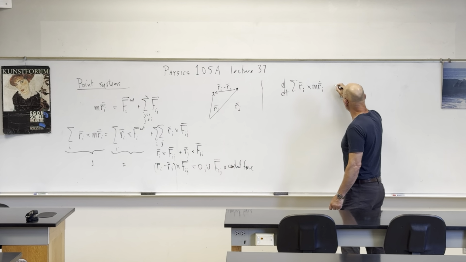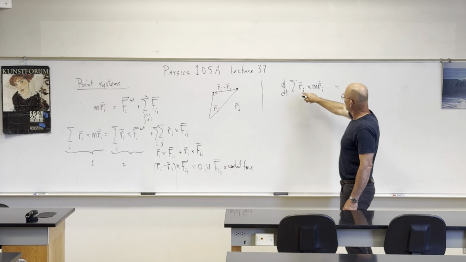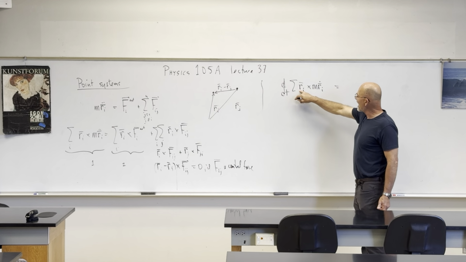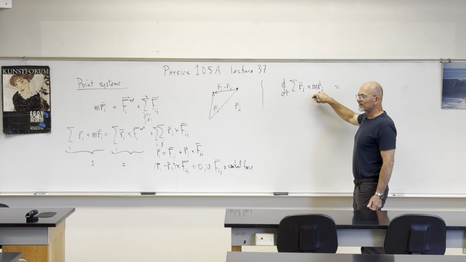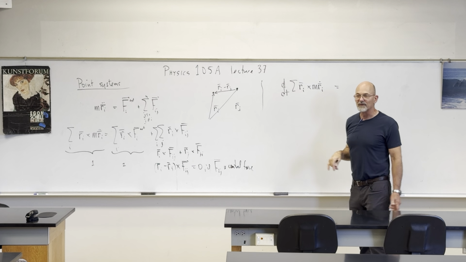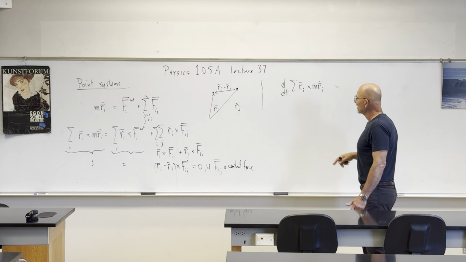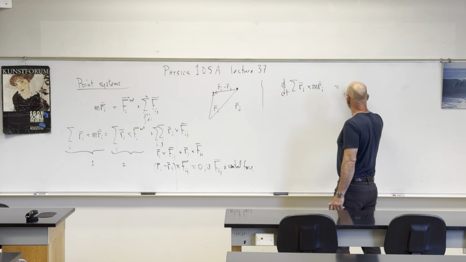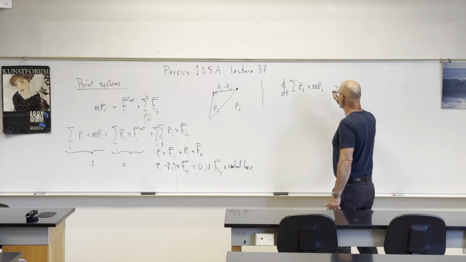The reason we can do that is that when we do a product rule, when we have an r dot here, it crosses with the same parallel vector and therefore is 0. The other half of the product rule is r cross m r double dot. So that is the left side, and the right side is equal to the net torque.